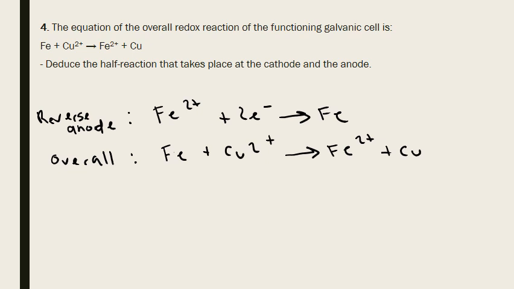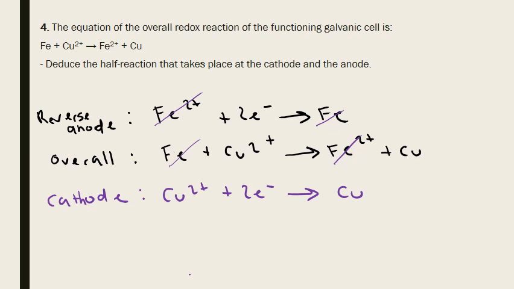Now if we take the things that are in common, we've got Fe2+ here and Fe2+ here, and we've got Fe here and Fe here. Then for the cathode, we write the things that we have before the arrow and after the arrow. So we've got Cu2+ plus 2e minus equals Cu.